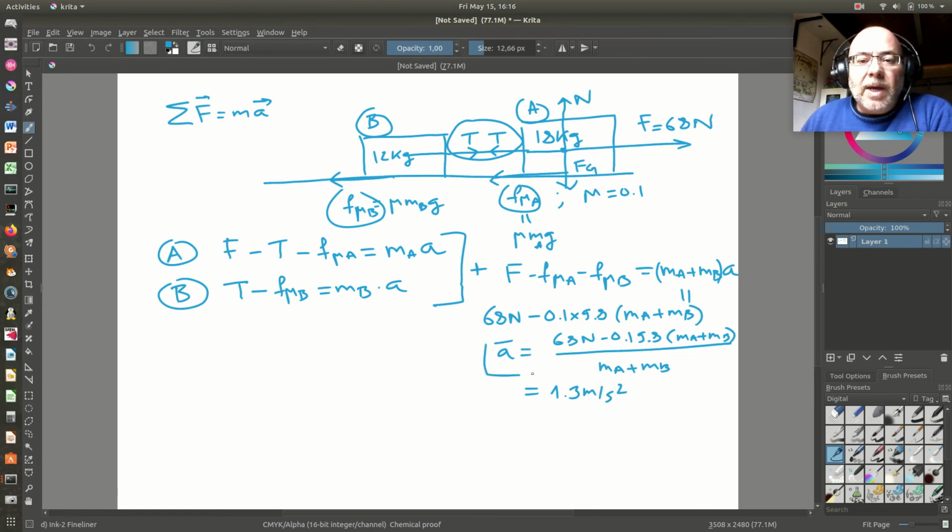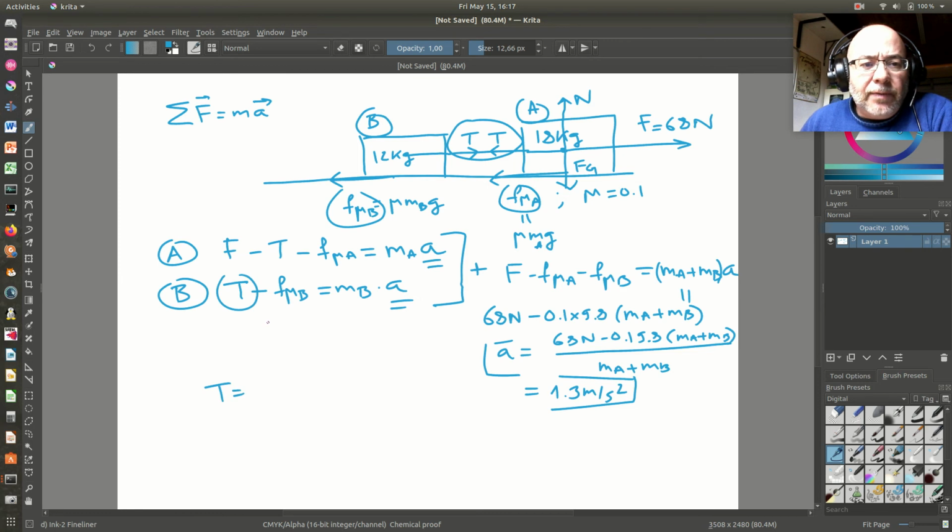So we determine the acceleration of the system, of both block A and block B. Now what do we do? Once we have the acceleration, we can use any of these equations because the rest is known besides T. We can determine T from this equation, which is easier, which is mB times a plus the force of friction for B.